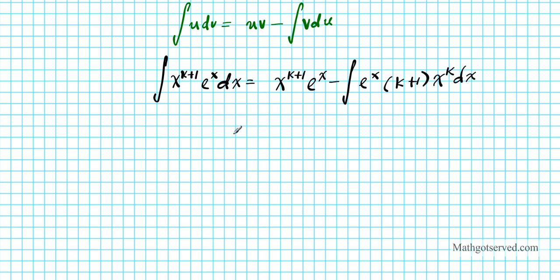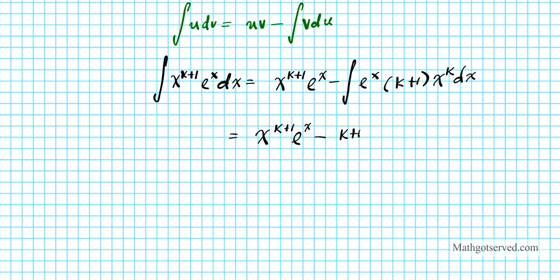So it's going to become x to the k plus 1 e to the x minus, now you notice k plus 1 is like a constant because k is some positive integer, so I can factor it out of the integration. Using the constant multiple rule of integration, I can factor that out.